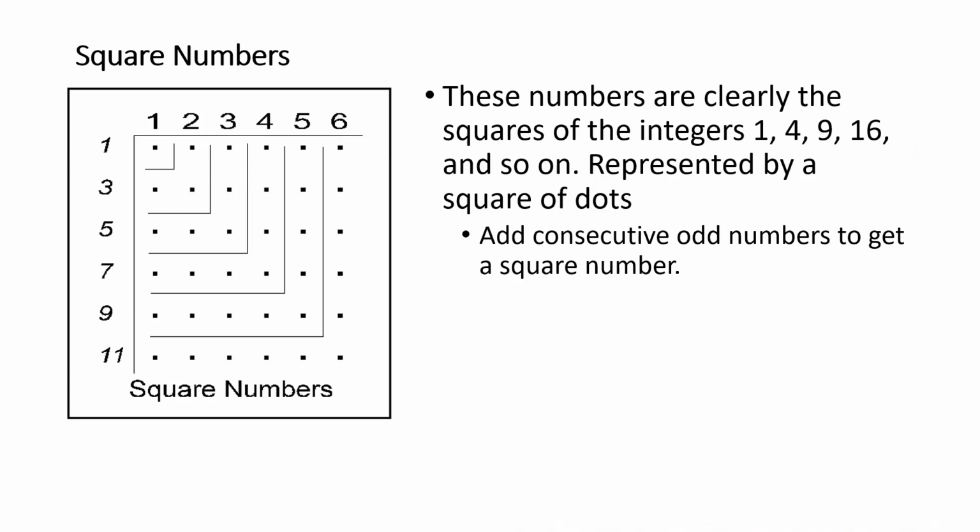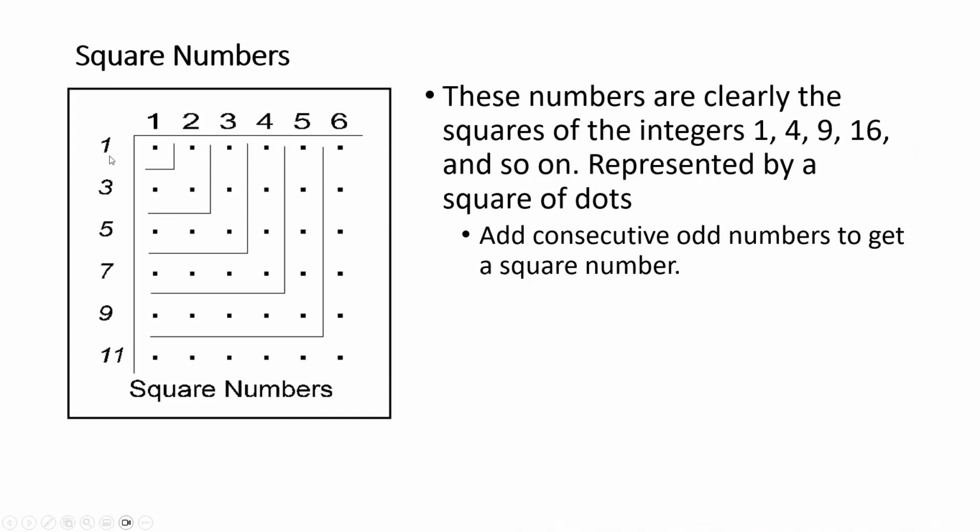So 1 squared is 1. 2 squared, if we look down here and we say, okay, 1, 2, 3, 4, 5, 6, but 1 squared is going to be 1. 2 squared is going to be 1, 2, 3, 4. 1 and 3. 3 squared is going to be 1, 2, 3, 1, 2, 3.